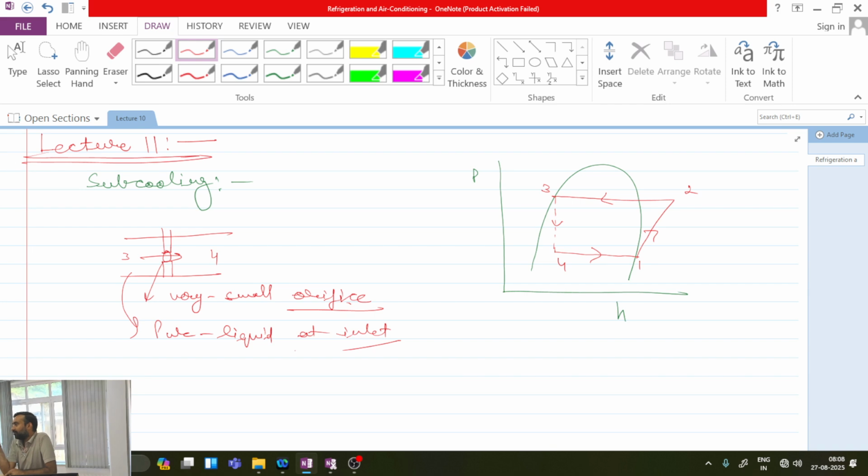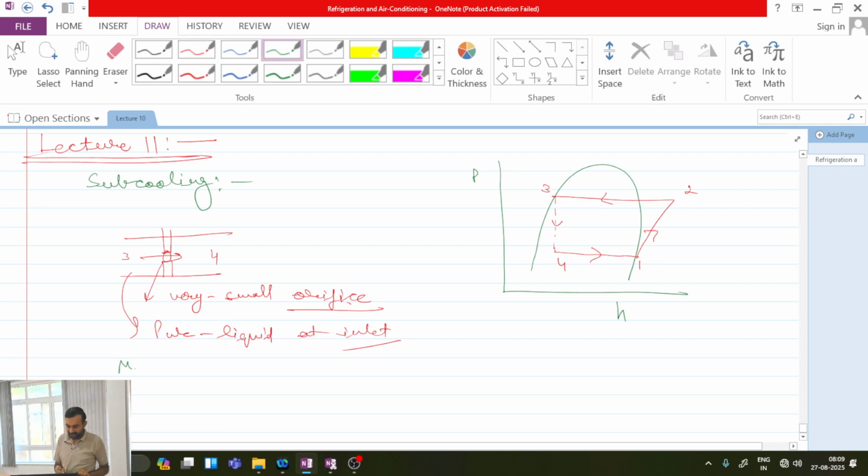You know that liquid has very high density. So if liquid is passing through the small orifice, we will have a good mass flow rate. But if a small amount of vapor is coming, it will decrease the overall density of the mixture, because vapor has very low density in comparison to liquid, and ultimately it will lead to a decrease in mass flow rate.